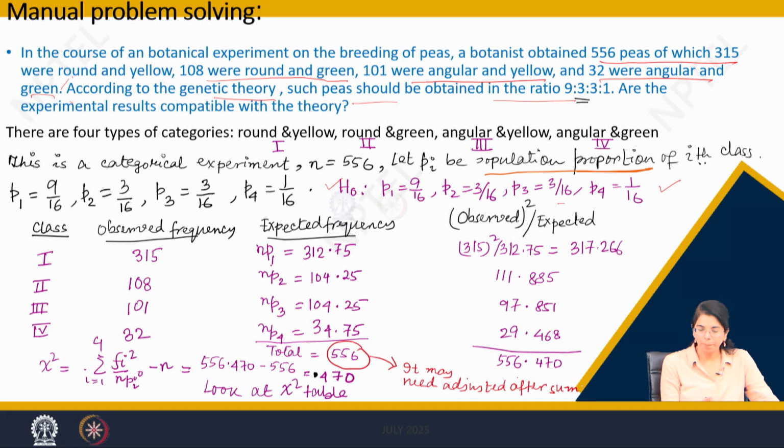Clear? So P1 you know 9/16. So just the multiplication. N is your total number of observations, and that is 556. So 556 into 9/16. What does it turn out to be? 312.75. Similarly for NP2, NP3, and NP4.